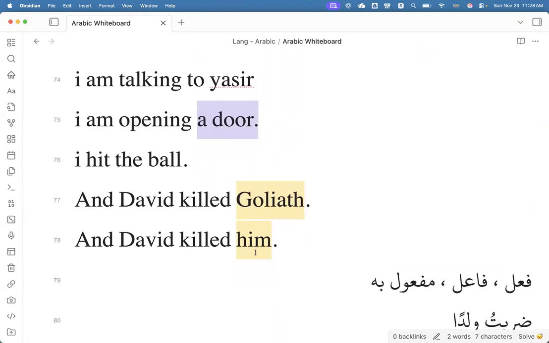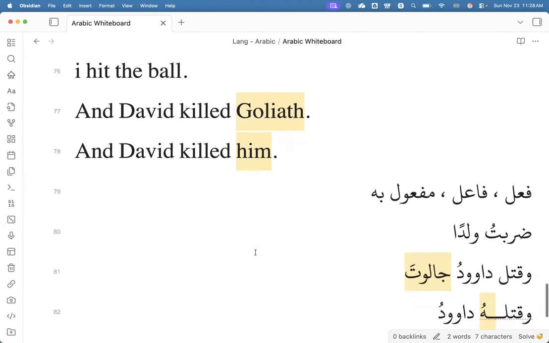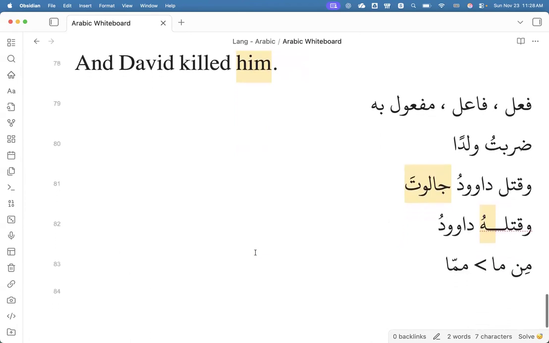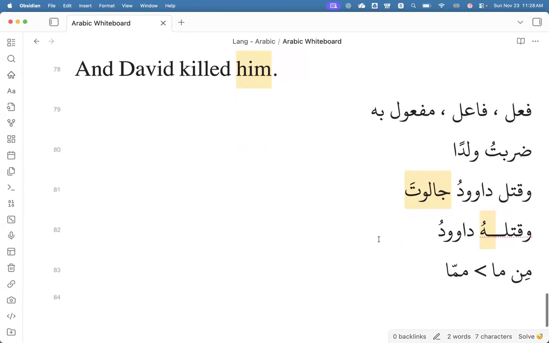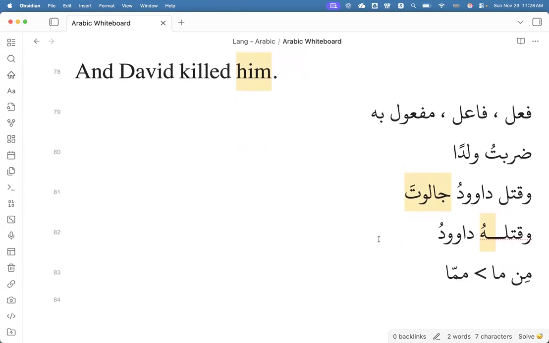Goliath can become him. These are not new concepts. We use this in our language. No matter what language we speak, we use these things all the time. I'm just helping you recognize in Arabic the structure of these things.